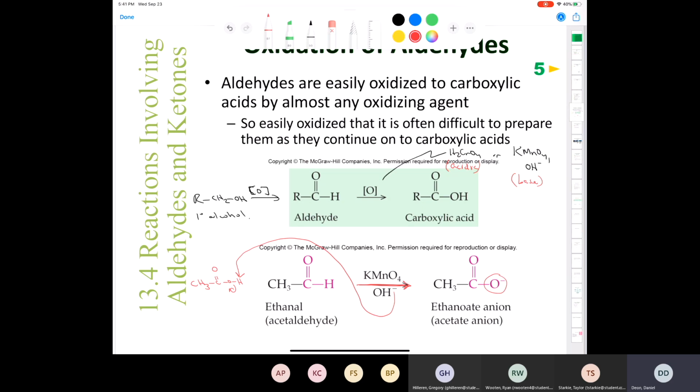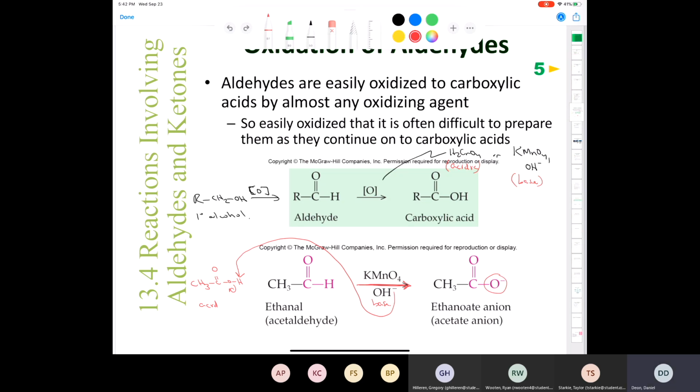Because if this is an acid and this is a base, you're going to end up with this ion, which will be part of a salt, and you'll also end up with water, right? Because the hydroxide is taking on this proton, so you end up with water. Now, they didn't write in a balanced equation, and oftentimes in organic chemistry, we leave out spectator ions, right? Like there's no sodium written here, but you can assume that it's there, okay?